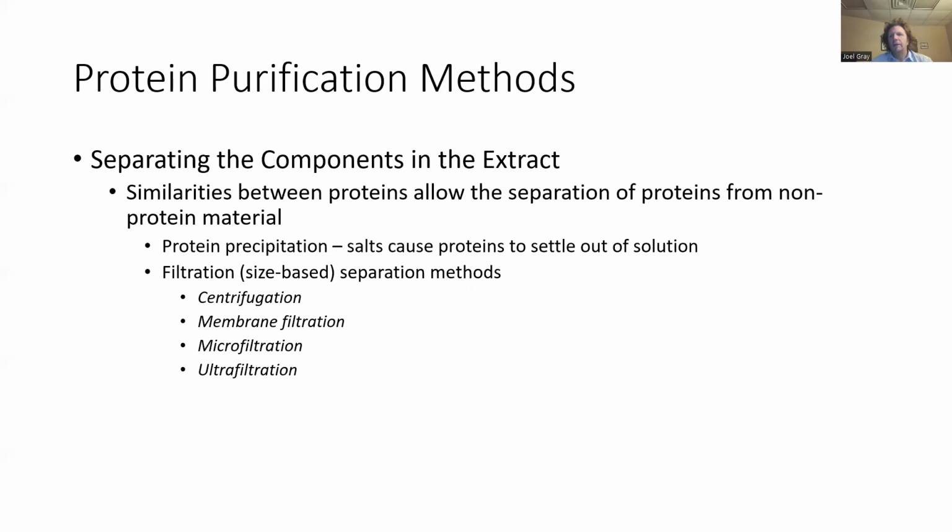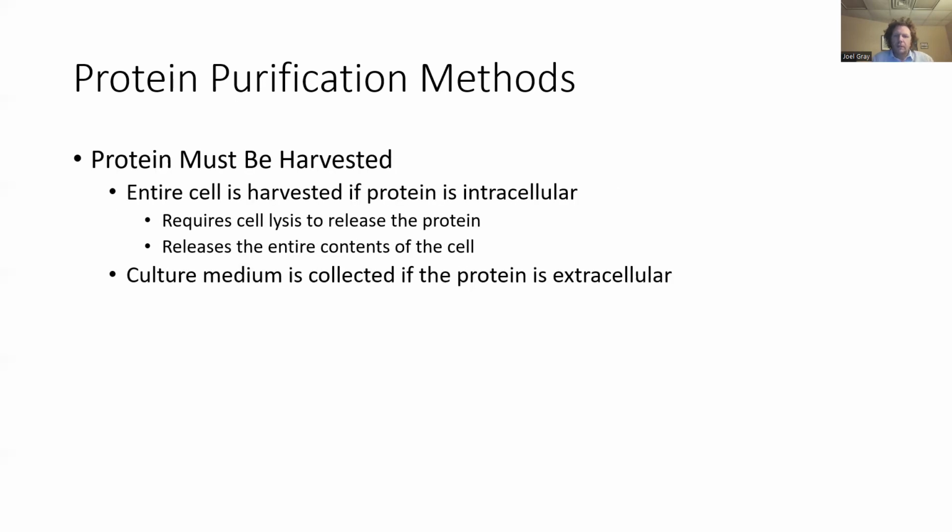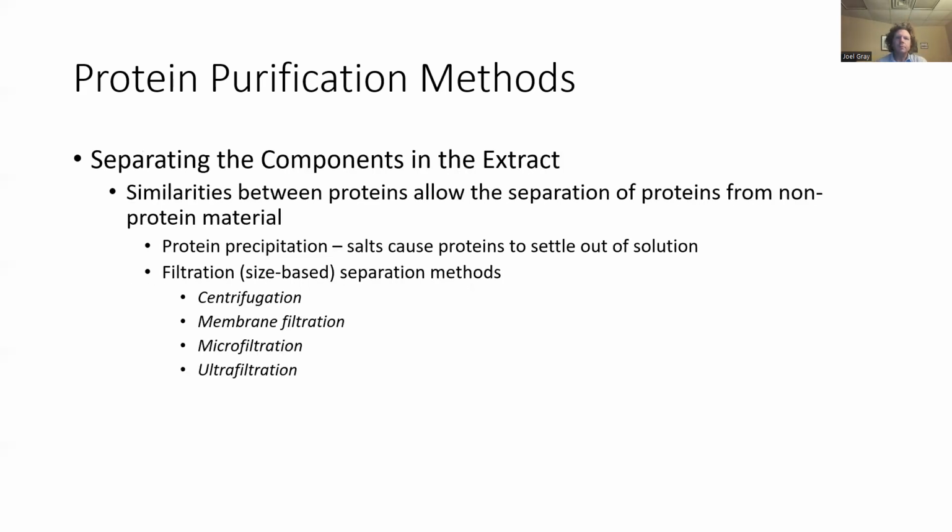That just depends on what your protein of interest is. I would say more times than not, you don't study extracellular proteins, not by choice. If you could have a choice, it'd be far easier to study an extracellular protein, but lots of proteins are simply maintained within the cell.